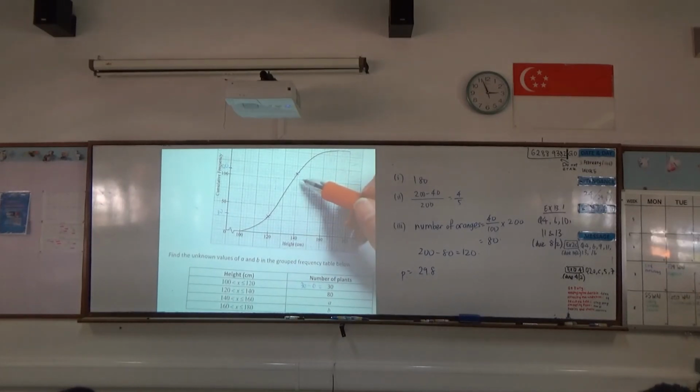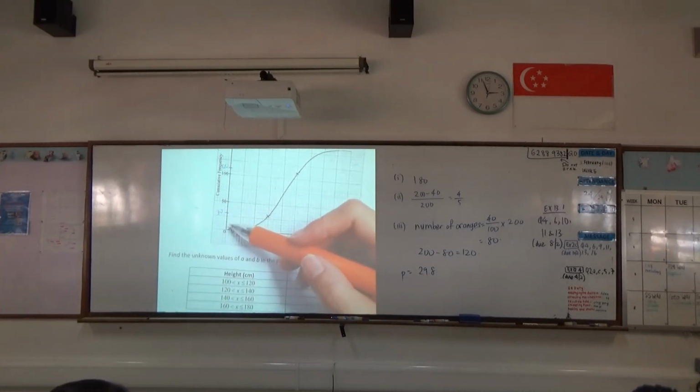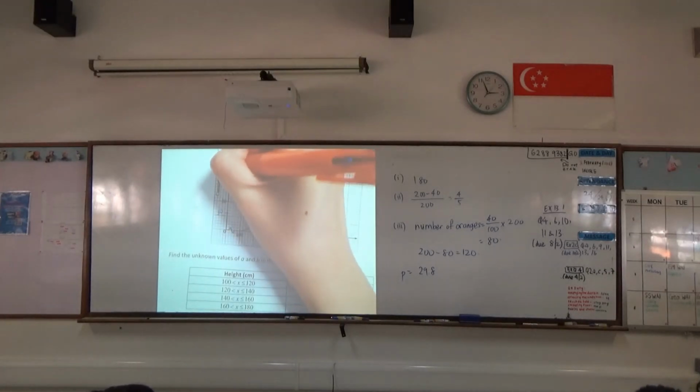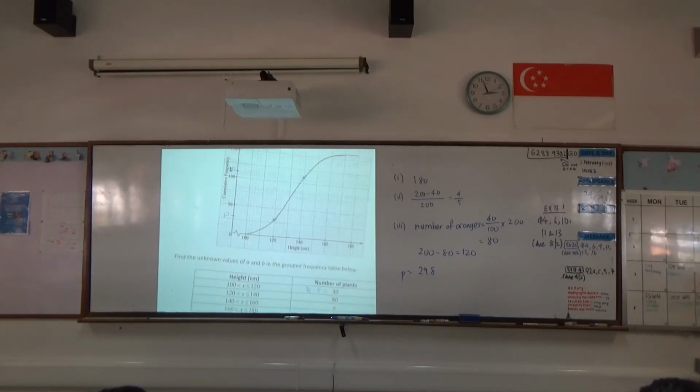Did I read it wrongly? 110, sorry. So 110 minus away 30, you will get 80.